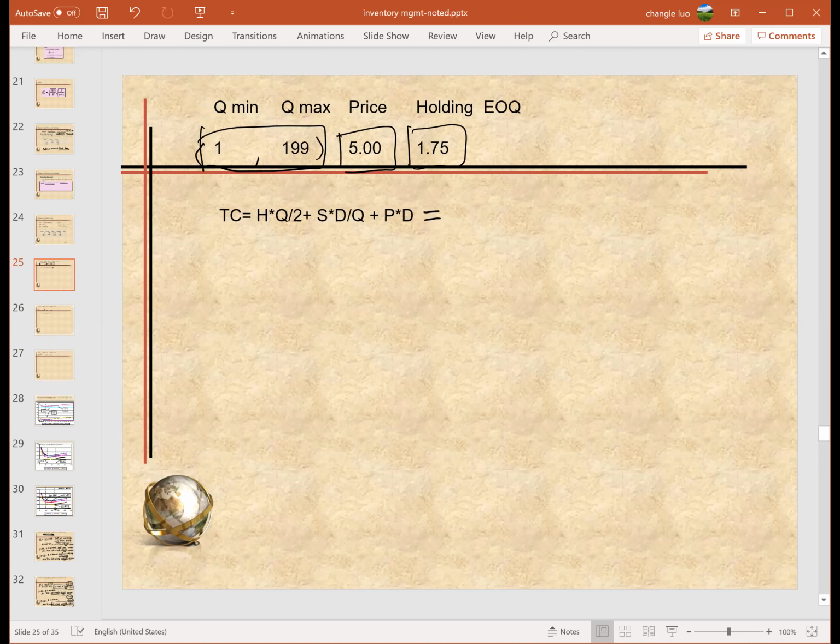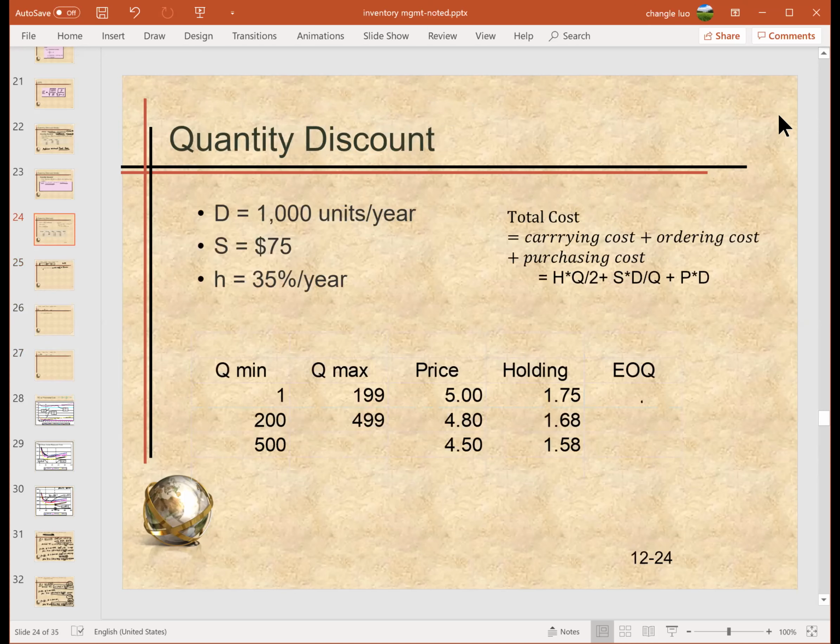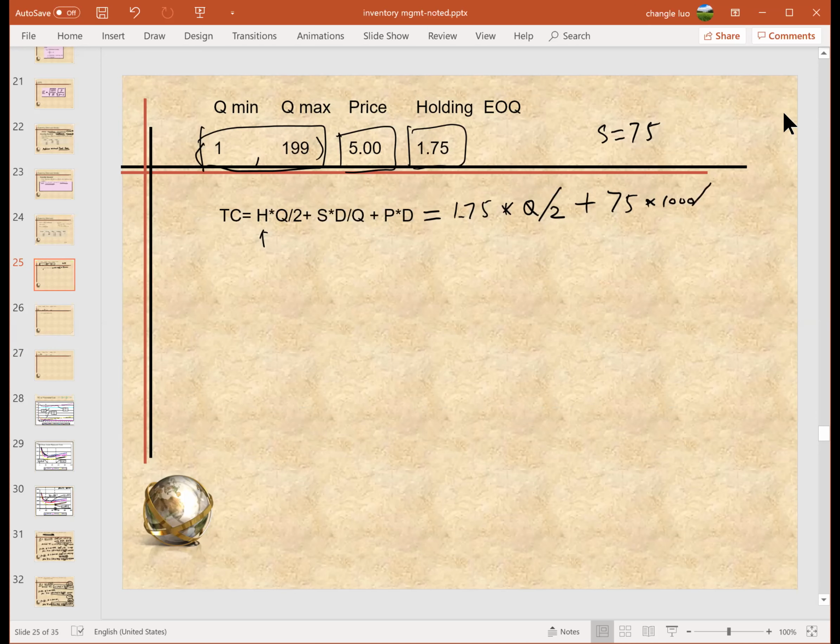So here H is 1.75 times Q, that we don't know, divided by 2, plus S is 75. S equals $75 per order, times D is 1,000, that we know. Let me double check. The demand is 1,000 units per year, divided by Q, plus P is 5, times demand, let me make it formal, times demand 1,000.